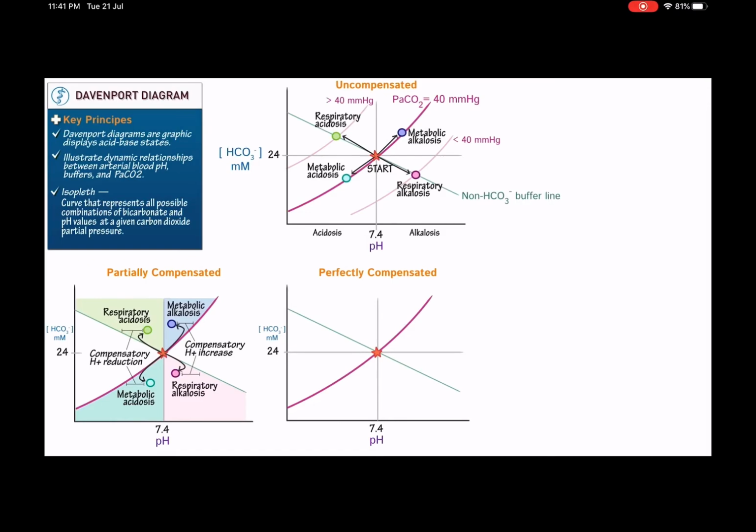If the original disorder was metabolic acidosis or respiratory alkalosis, both the bicarbonate concentration and the partial pressure of carbon dioxide are reduced, so-called isohydric hypocapnia.